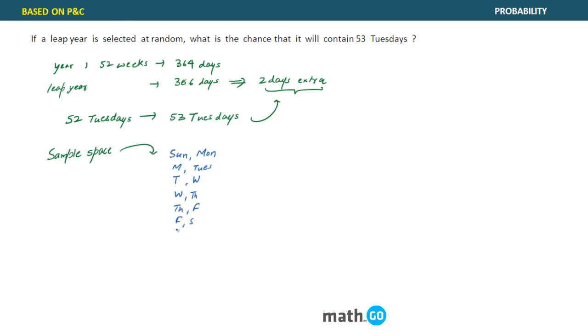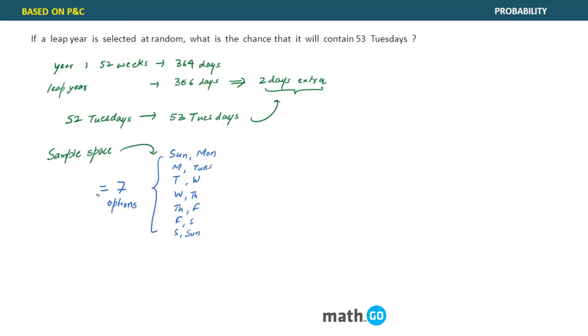And it could be a Saturday, Sunday pair. So how many extra pairs are possible? This is my sample space in this particular question. Just count, there are 7 options. So I would say my sample space in this particular question is 7.